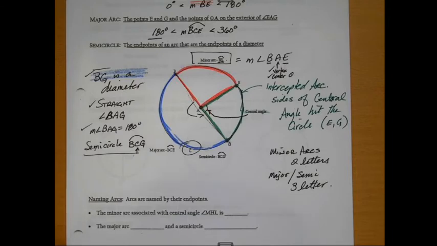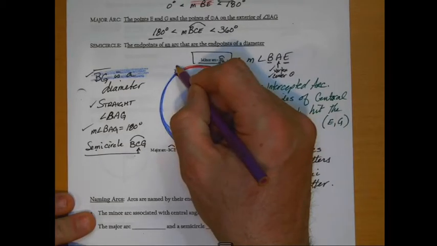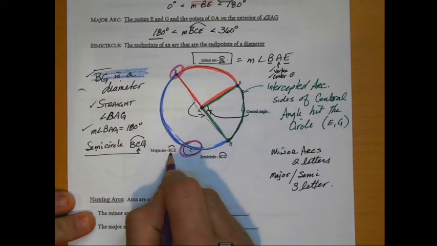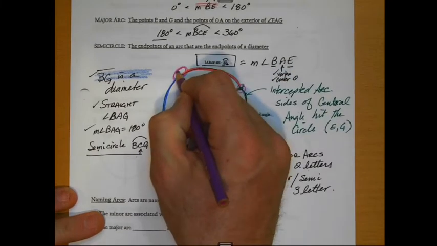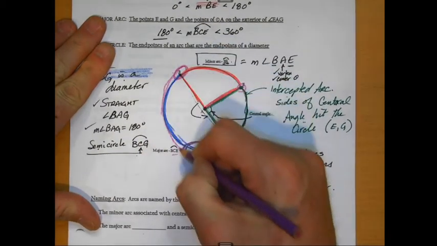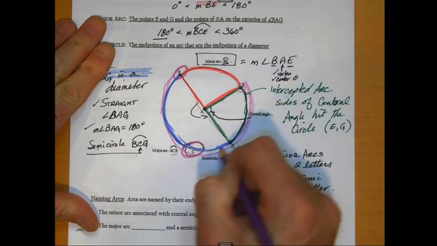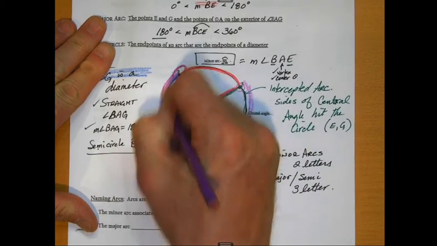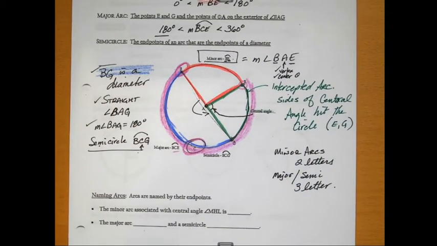So a major arc would be B through C to E. Let's try purple. I'm going to go from B all the way around. That is your major arc.